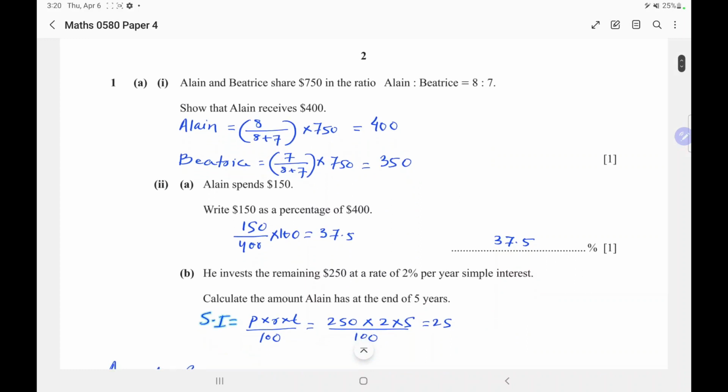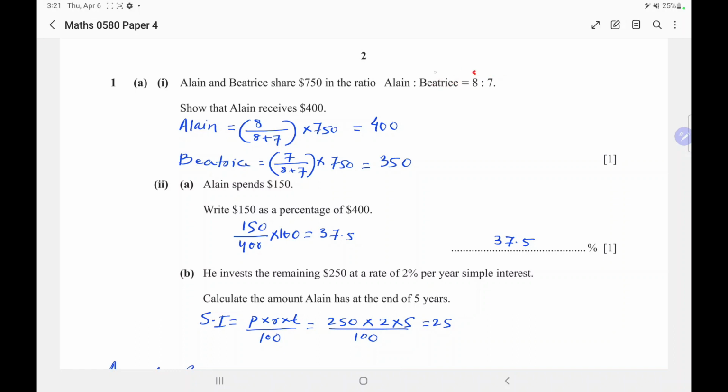This is question number 1 that says Elaine and Beatrice share $750 in the ratio 8:7, and show that Elaine receives $400. Elaine can be written as 8/(8 plus 7) times the total.